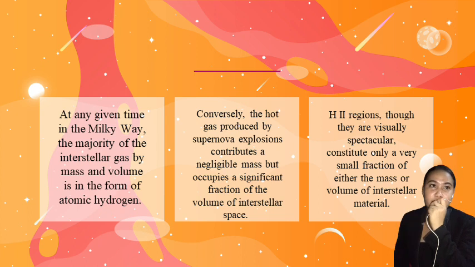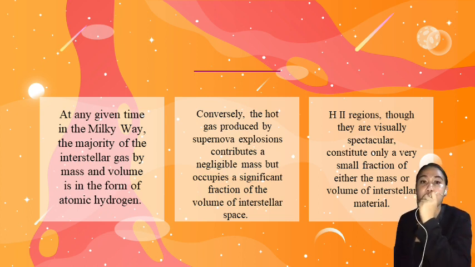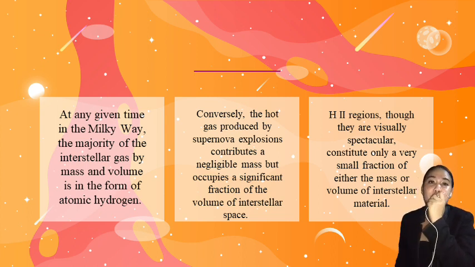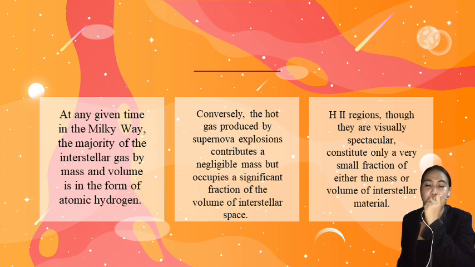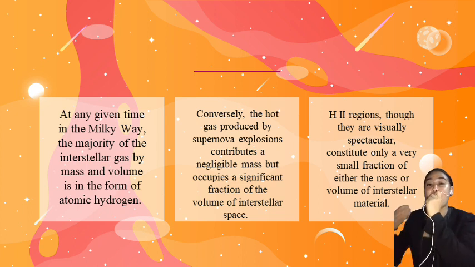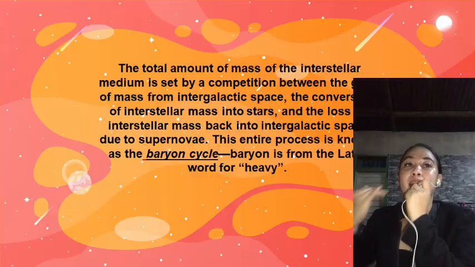Conversely, the hot gases, produced by supernova explosions, contribute a negligible mass but occupy a significant fraction of the volume of interstellar space. The H II regions, though they are visually spectacular, constitute only a very small fraction of either the mass or the volume of interstellar material.